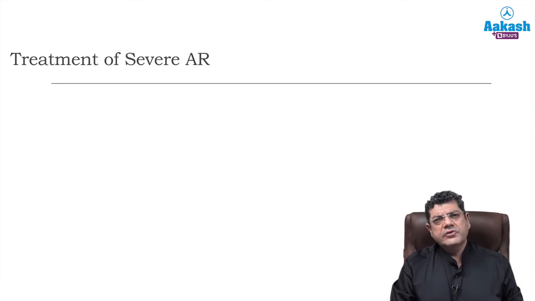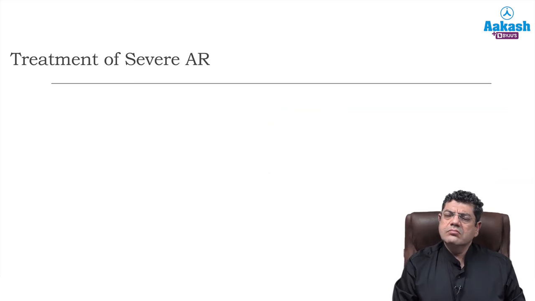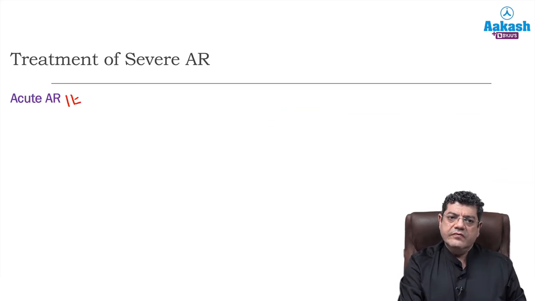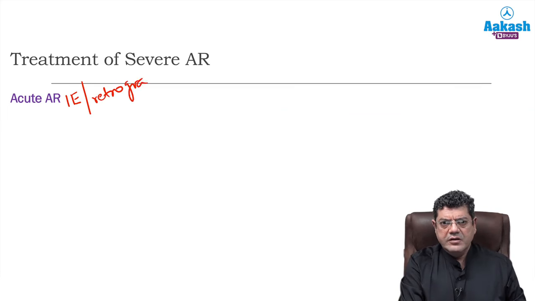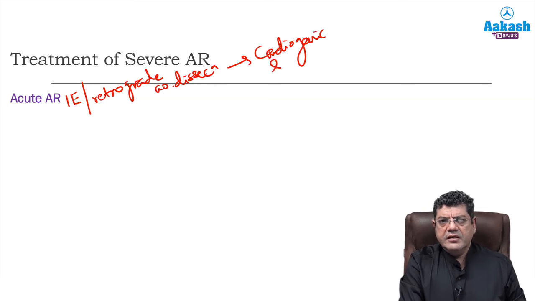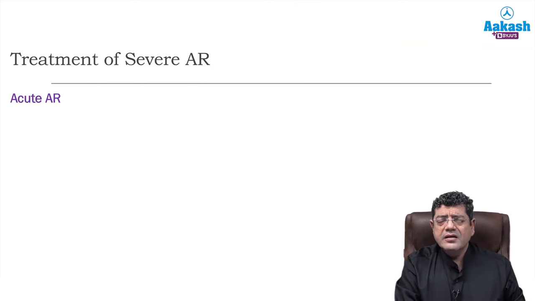Okay. How do you treat severe AR? So if there is acute AR, and that can happen, as we discussed, with infective endocarditis, it can happen with retrograde aortic dissection, and they will come with cardiogenic shock, which is why knowing this is very important: intra-aortic balloon counterpulsation, IABP, is contraindicated.